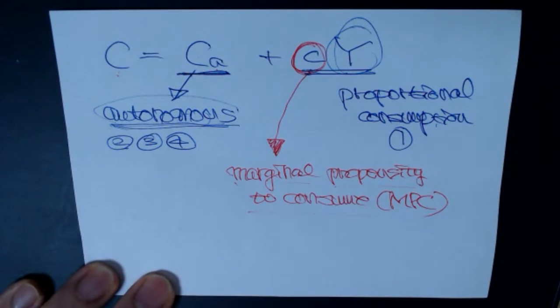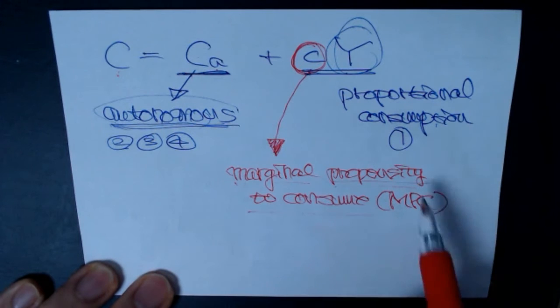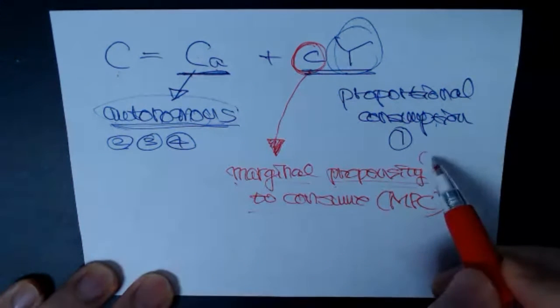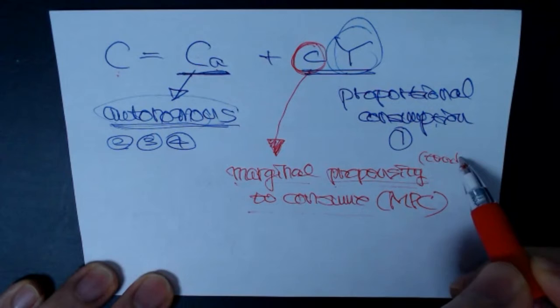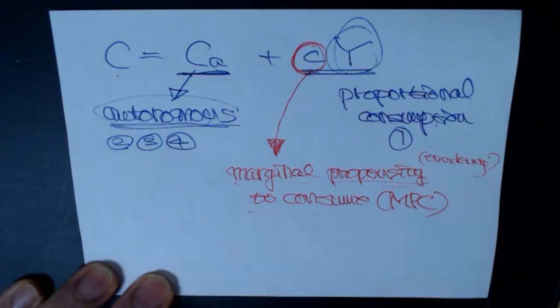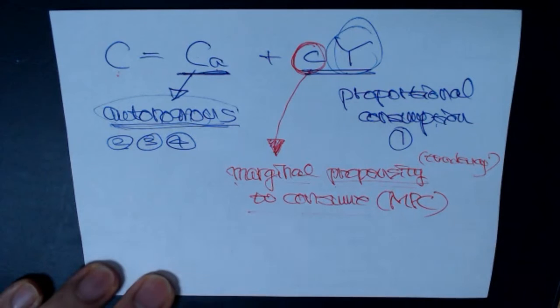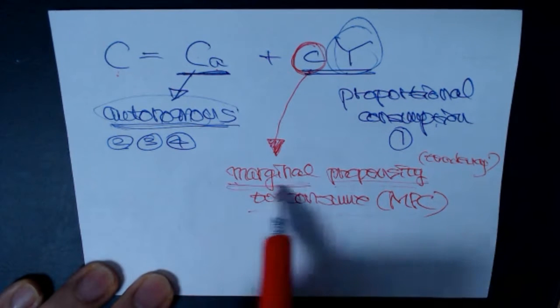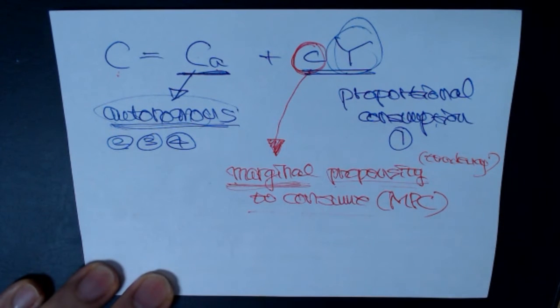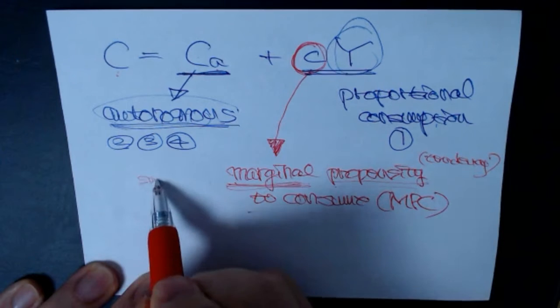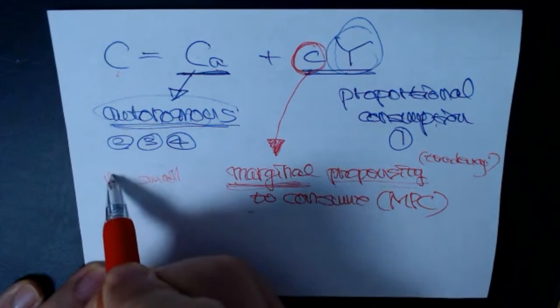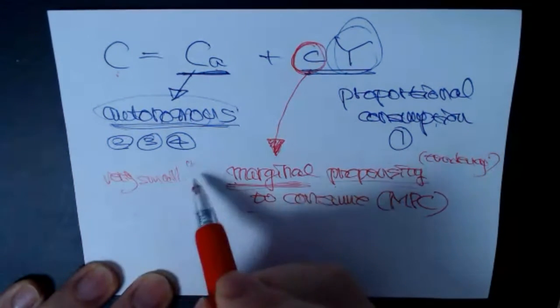It's not straightforward. What's the meaning of that? Propensity means tendency. Still not clear? Okay, it's about the tendency to consume. What does this marginal mean? Marginal means small. Very small change.